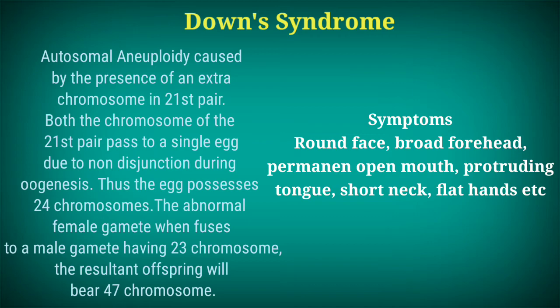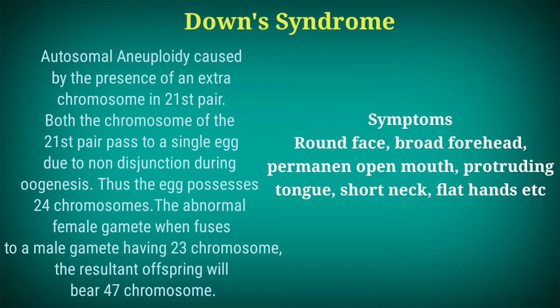So this Down syndrome is an autosomal aneuploidy caused by the presence of an extra chromosome in the 21st pair. As you know, a diploid set of chromosomes possesses the number of chromosomes donated by both the paternal and the maternal cells.